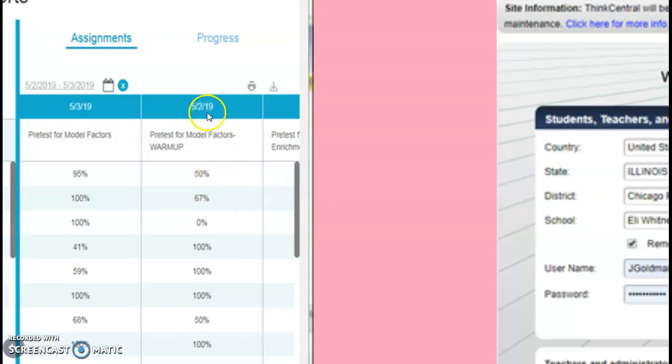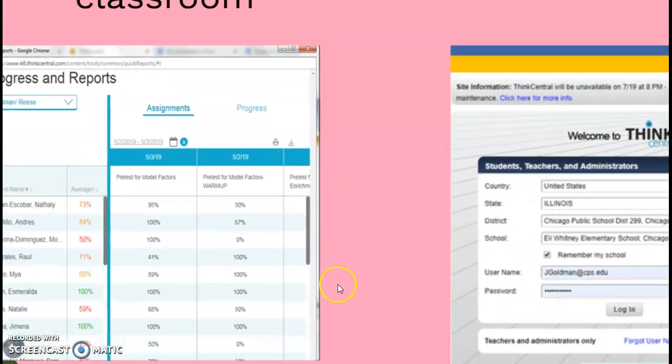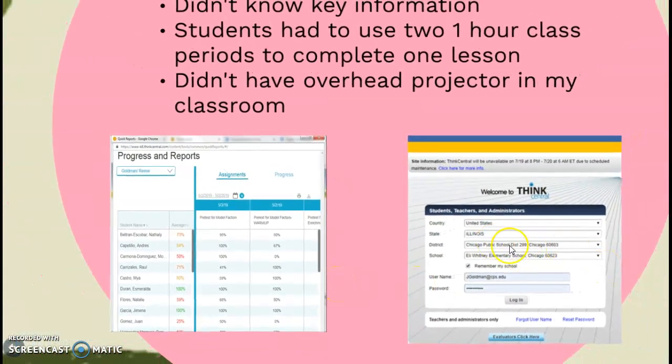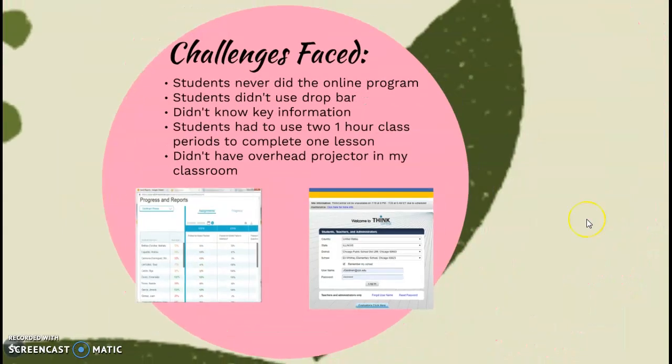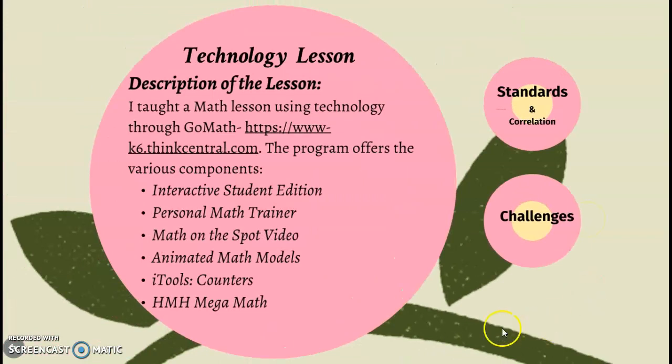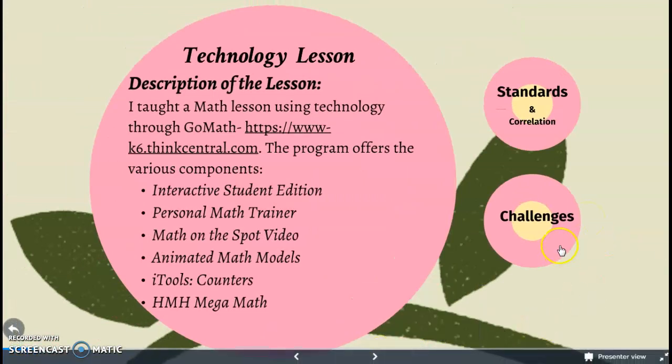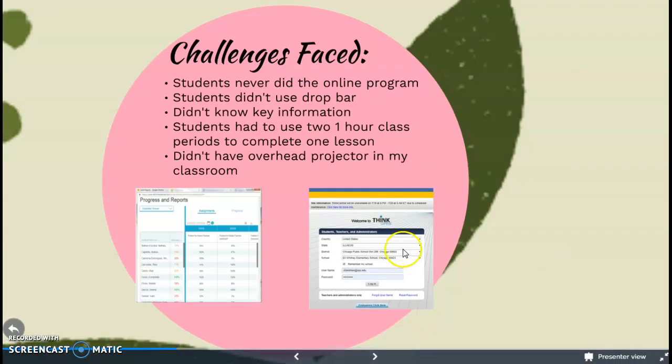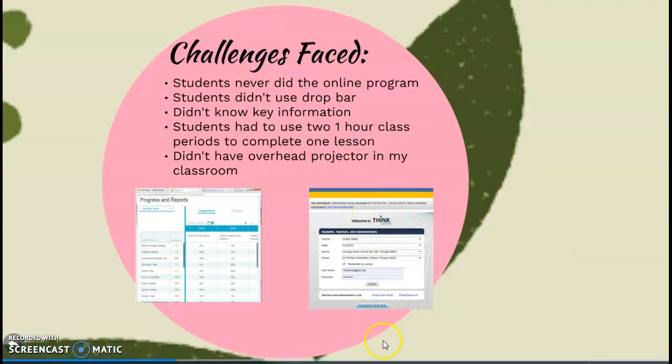And so that was May the 2nd, May 3rd, and it took them a while to do that. Also, right here, they had to know the state. The school district was $2.99, even though I had it posted up and projected. At first I did not have a projector, and so the students struggled for a while with this particular activity online.